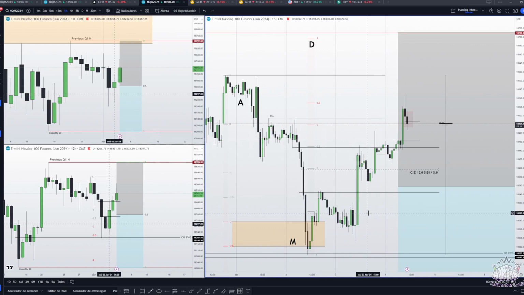Because the majority of the time price is in accumulation or consolidation. So the precision is for identifying when price is in these consolidations or accumulations, and when price is ready for one expansion move.